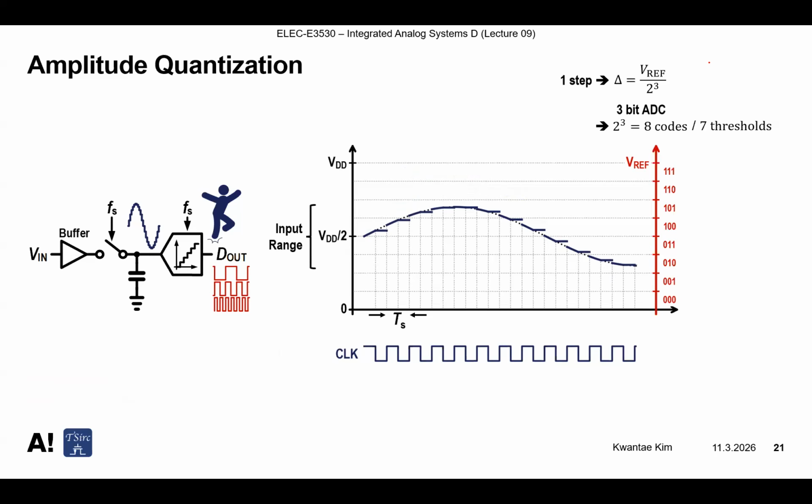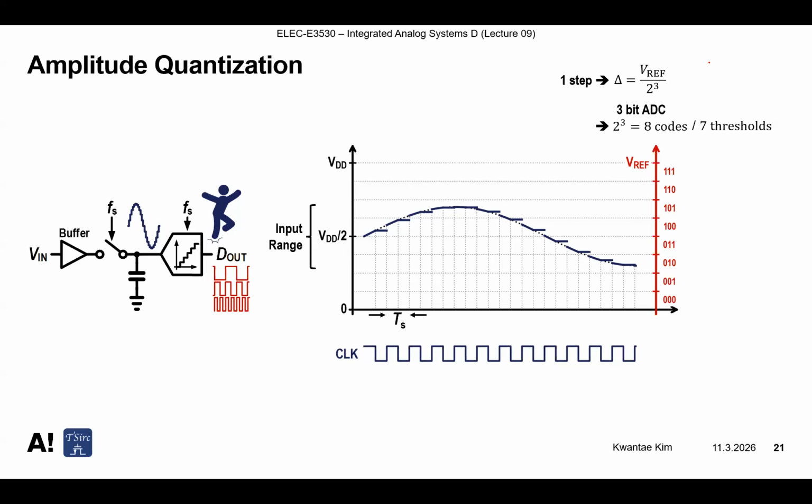So we could not achieve a very, very wide input DC range or output DC range because of the transistors' VDS limitation.